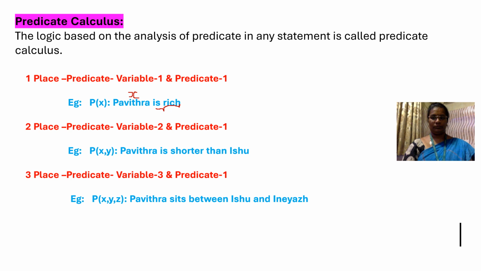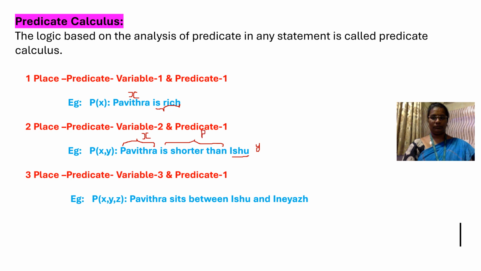So here you will be able to identify the two variables, that is Pavitra, which I can name as x, and the other one as y, which is nothing but Aishu. And here we have one predicate, that is "is shorter than".